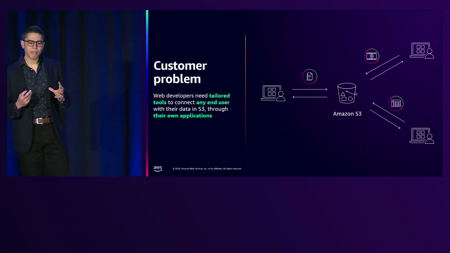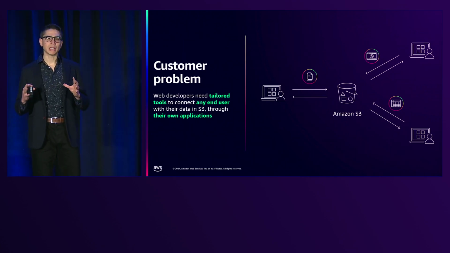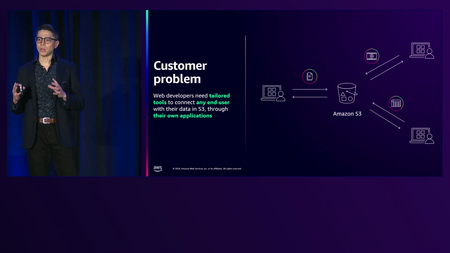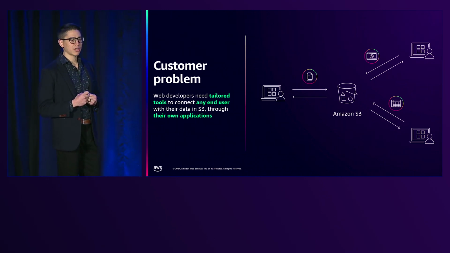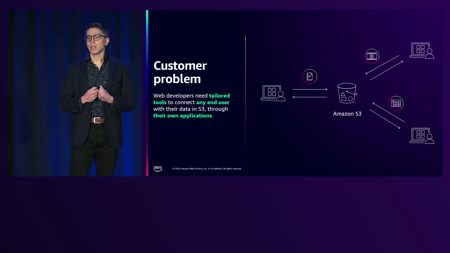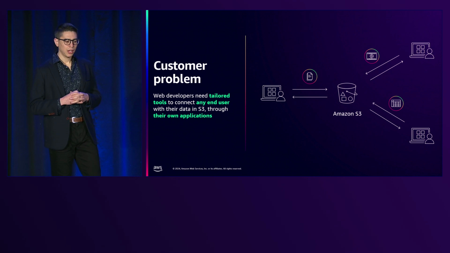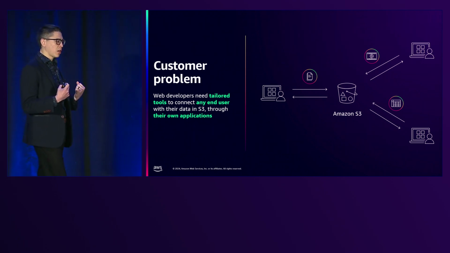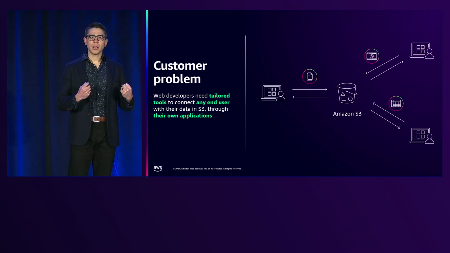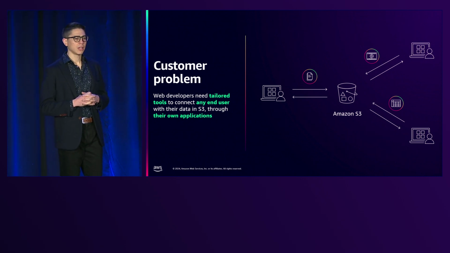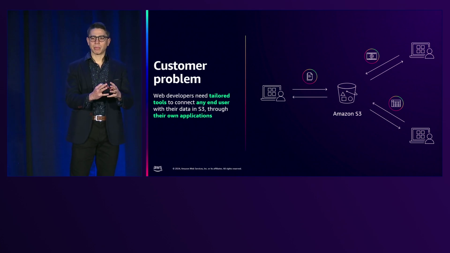And these folks don't have familiarity with AWS and S3, but they do have familiarity with the same front-end applications they use today to do their jobs. And our customers have a ton of data in S3 that these end users could use to be more productive and to get more out of the data. And furthermore, our customers already provide differentiated services to these end users through their own front-end applications. And so they want to connect their users to their data in S3 through the same applications that they use today.